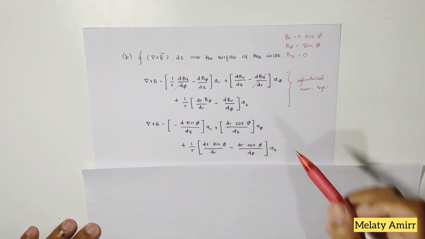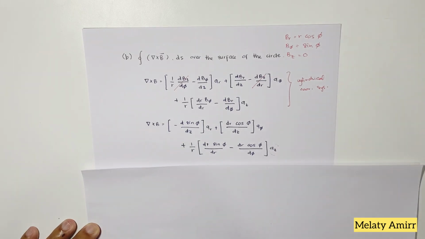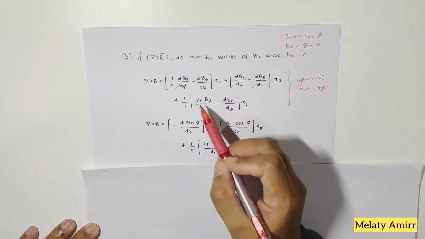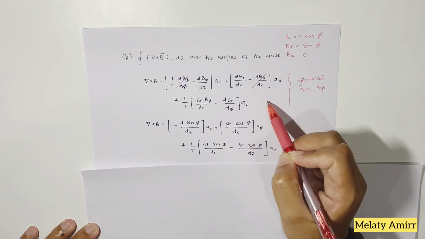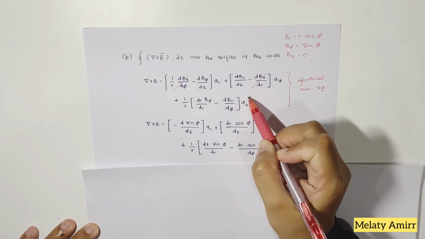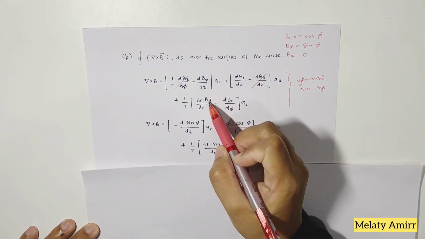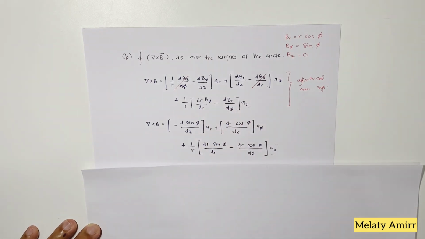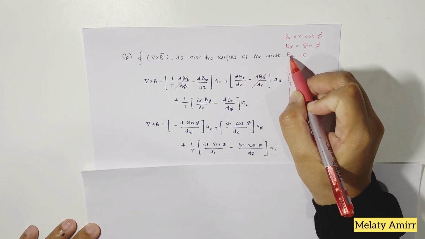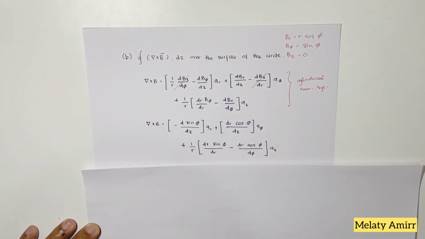The direction of a_z still exists, because if you refer to the equation, a_z relates to B_phi and B_r, not to B_z, the magnitude of B_z.